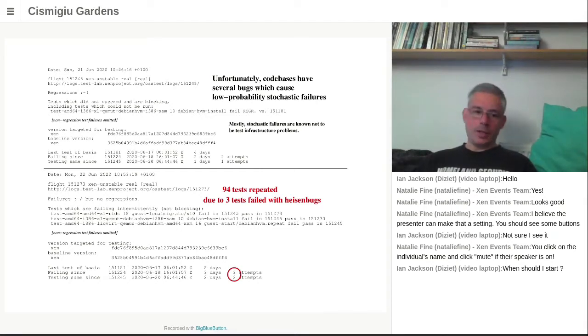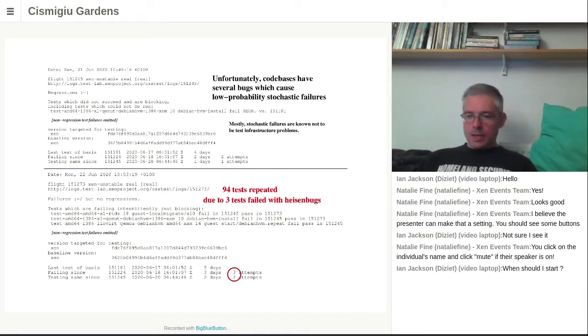A regression is a test failure that we didn't have in the baseline, which is whatever current master is. You can have quite low probability failures which then come through and get into the tree.